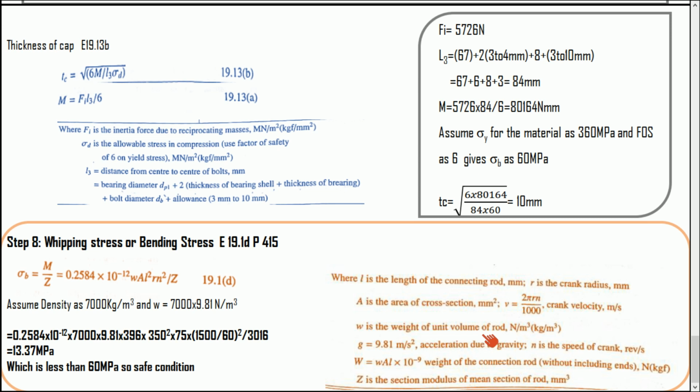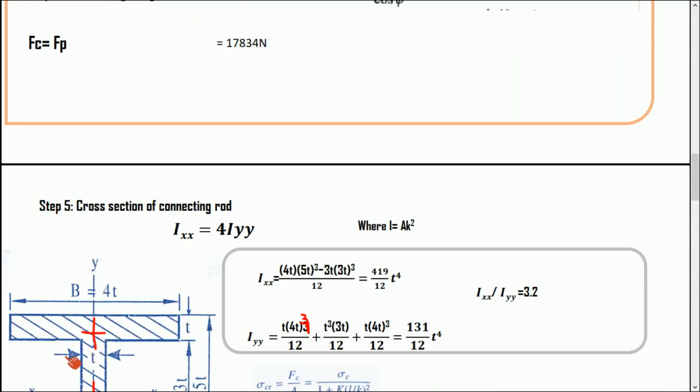So what I did was assume the density of the material and multiply by 9.81, which gives the unit in Newton per meter cube. On substituting, the sigma b we have obtained is 13.37 megapascal, which is lesser than 60 megapascal. So we can conclude that the design is safe.